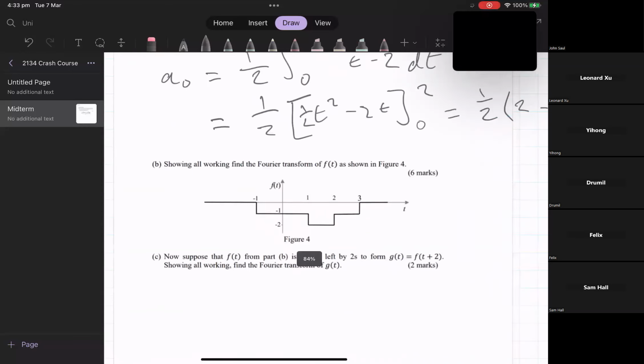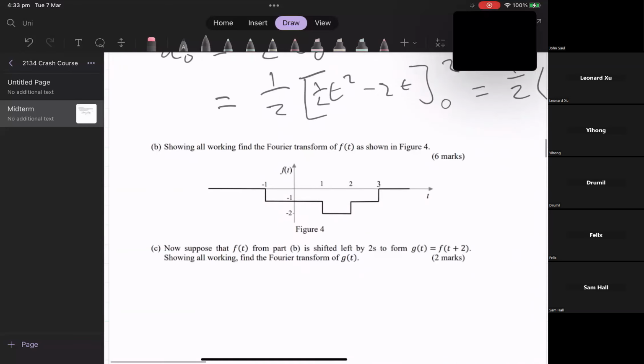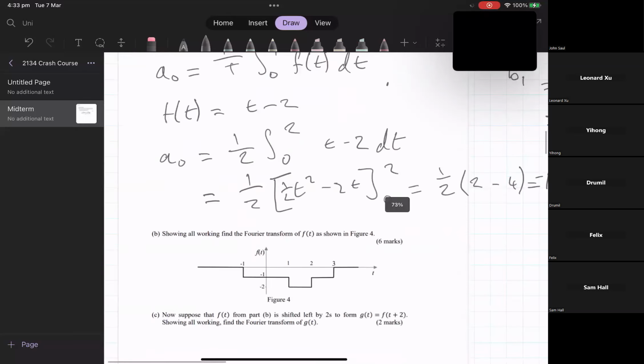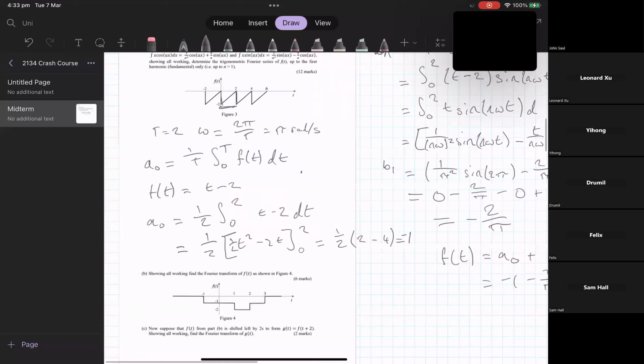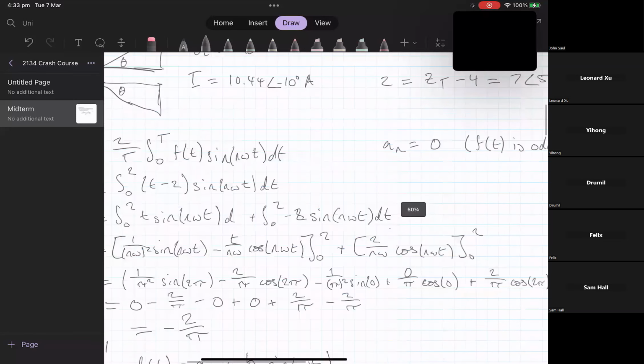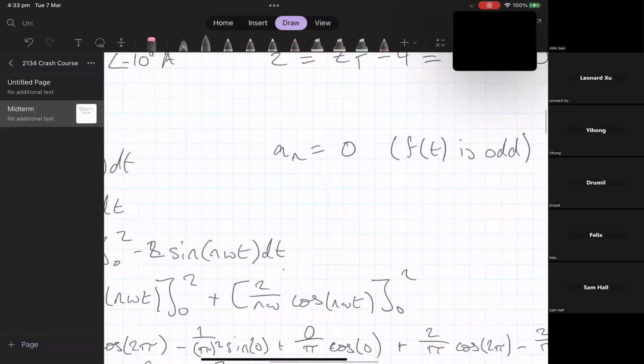Okay, for the next question, we have... Yep, I've just set it up here. We can assume that an is going to be 0 because we have an odd function.